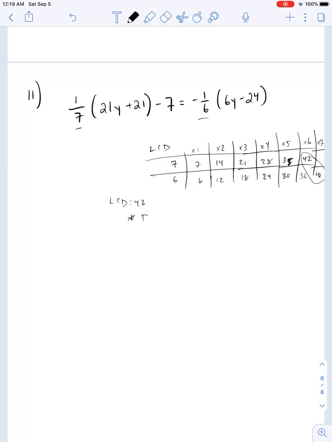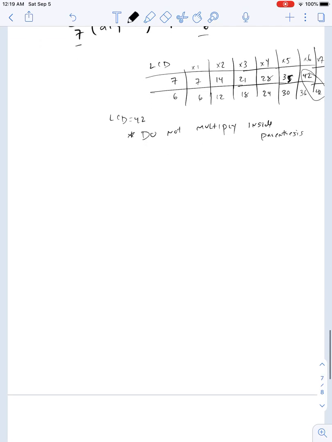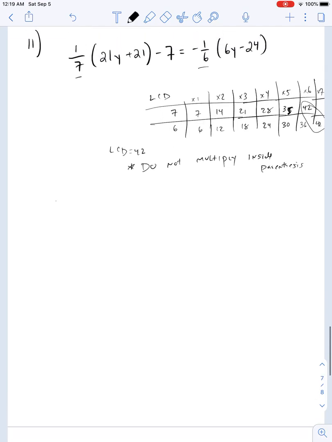Keep in mind that you do not multiply inside the parentheses. You do not do that, as I mentioned in our lecture, and you should have that in your notes as well. So let me go ahead and just start by rewriting this.